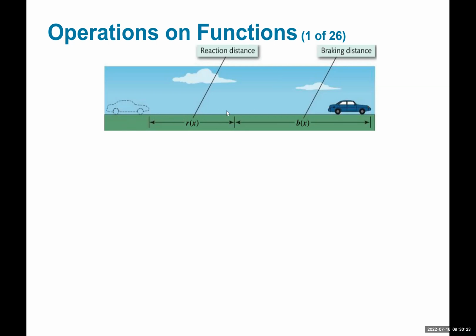Then it would take this amount of space to actually react. And then they have B of X, which represents the braking distance. Once they apply the brake, it takes that long for it to stop. So this is a function of a car that's moving that has to encounter a reaction distance and a braking distance.